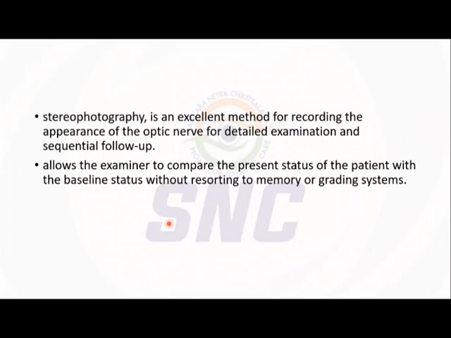You should read about it. That is a documentation of cupping, like glaucomatous optic neuropathy. So the grading of optic neuropathy, you are telling. Yes, you should write and read about that: DDLS, disc damage likelihood score.